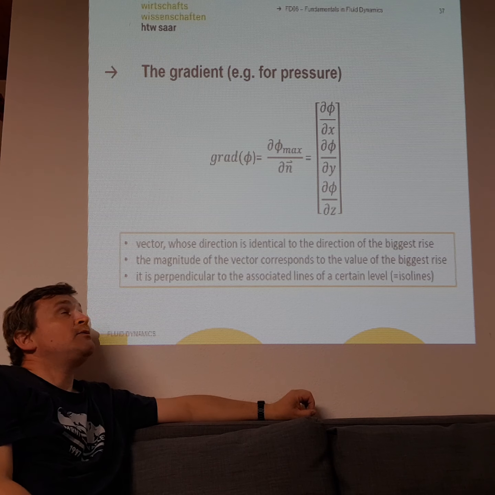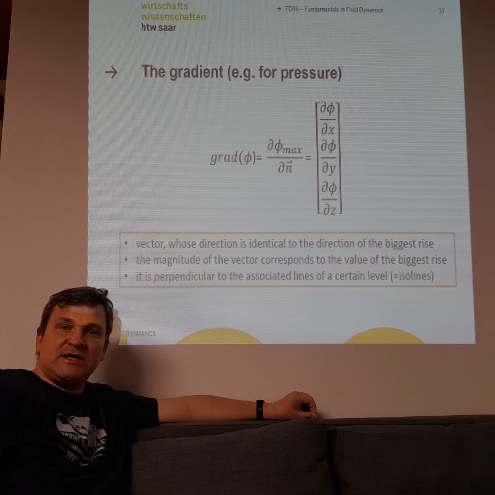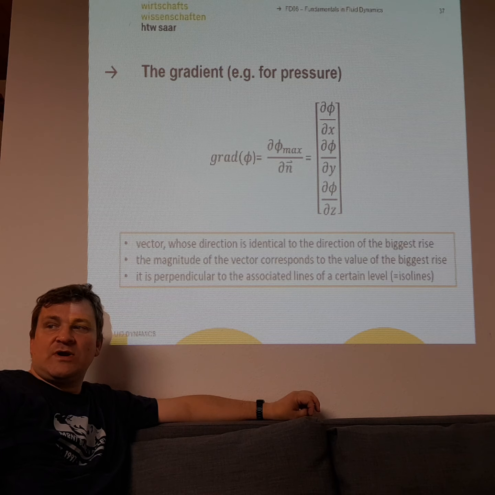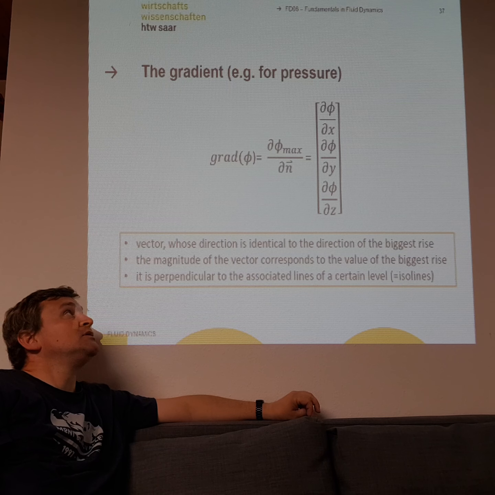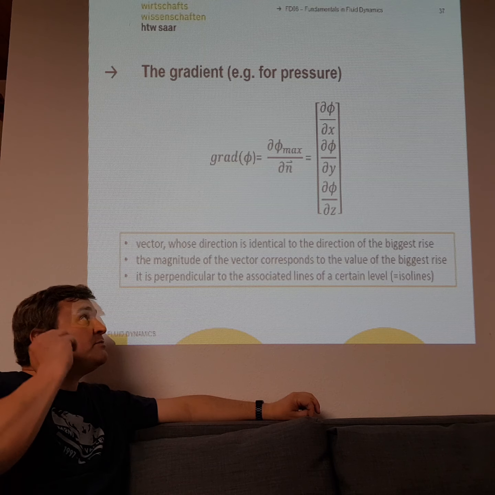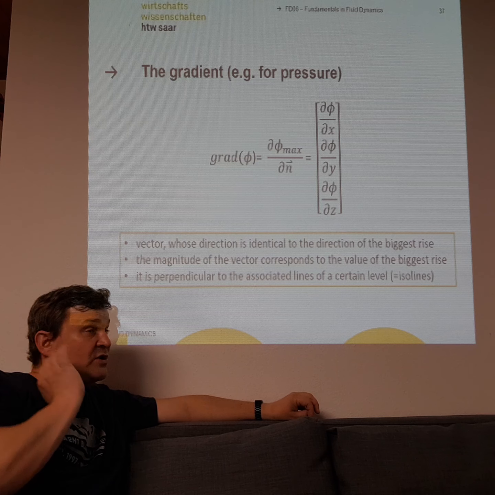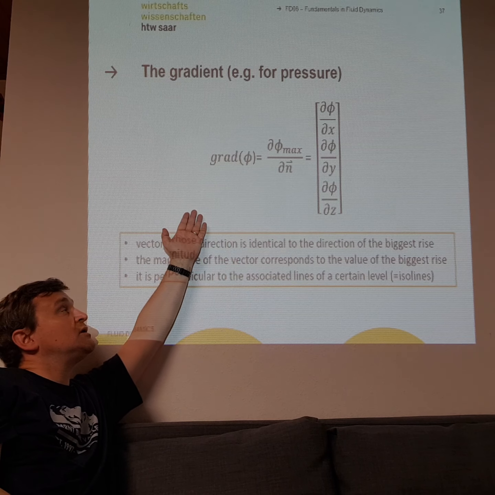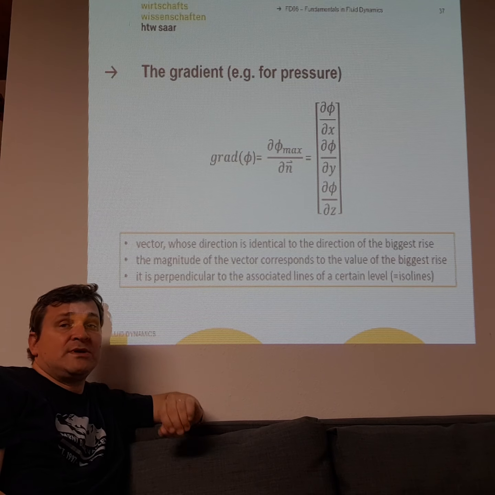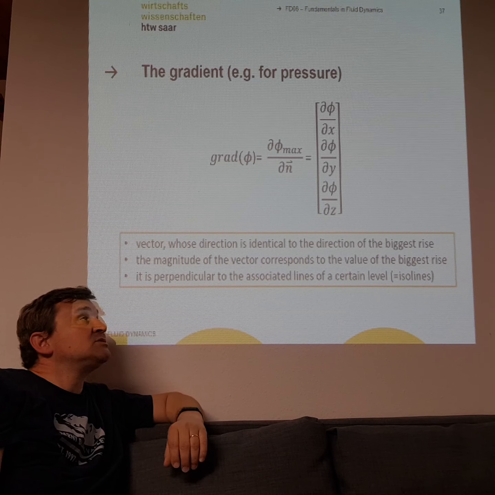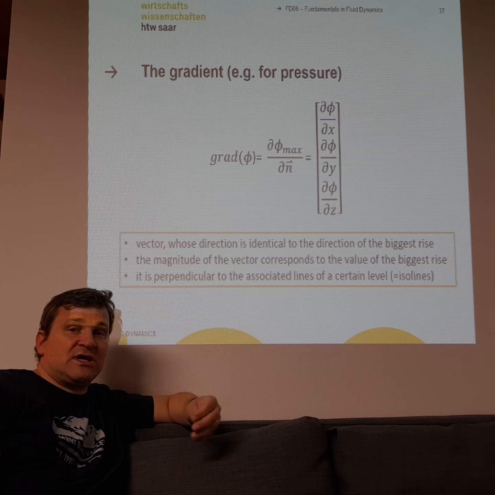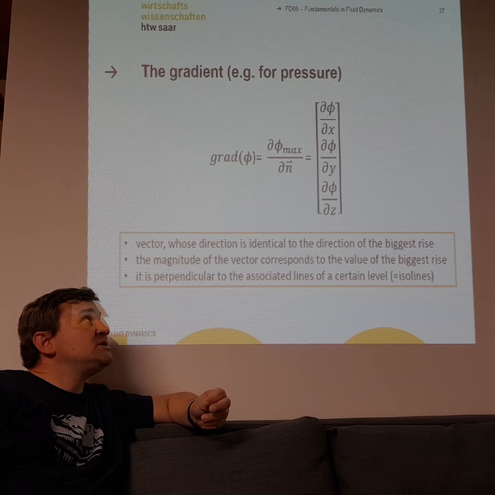Okay, here we have the formulation of our gradient. You can see the gradient, for example, the gradient of the pressure variable. It is really good if you use this grad, or we can use a nabla symbol, so we can write the formulation in a much easier way.